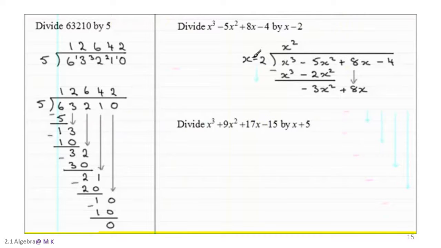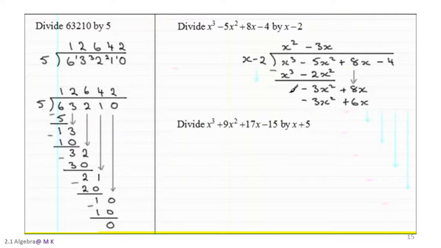What do you multiply the x with to get minus 3x squared? Well, it's going to be minus 3x. So write that up there. And now we multiply minus 3x with x minus 2. So minus 3x multiplied by x is minus 3x squared. And then we've got minus 3x times minus 2, which is going to be plus 6x.